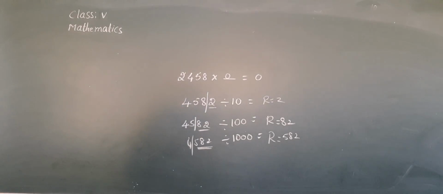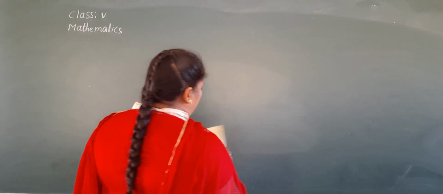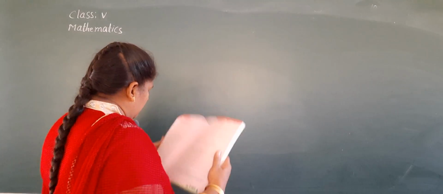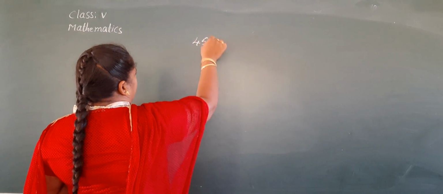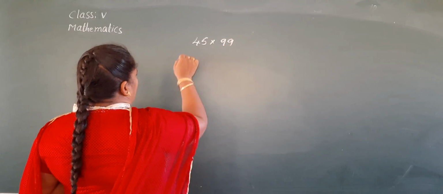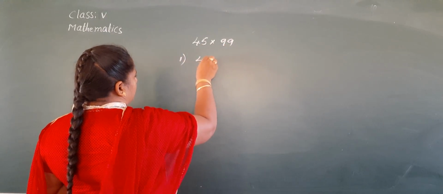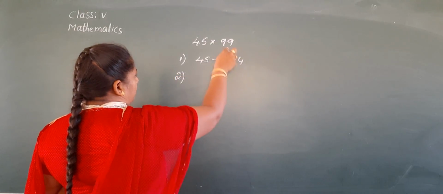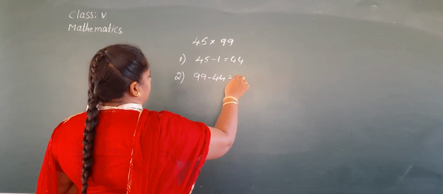And multiplication by 11, multiplication by 15, multiplication by 99. We follow the techniques Nana. If a number is multiplied by 99, we have to follow only 3 steps. Subtract 1 from 45. So now you subtract the 44 from 99. 55.